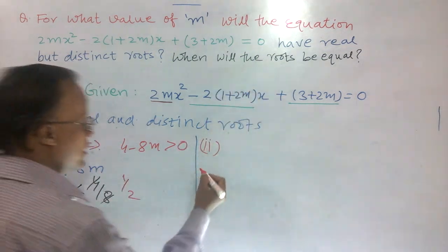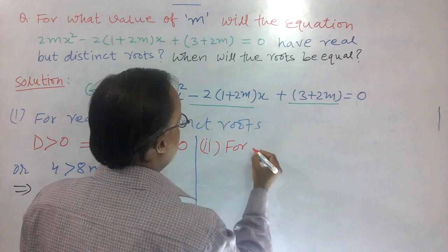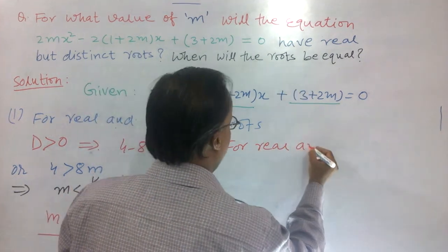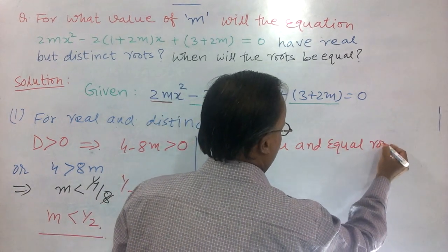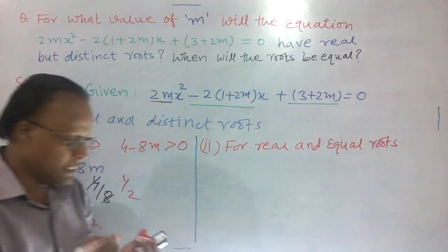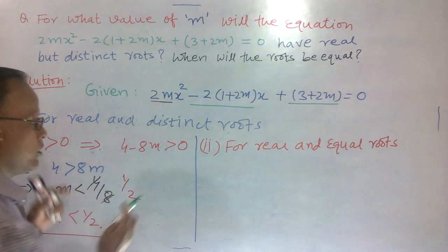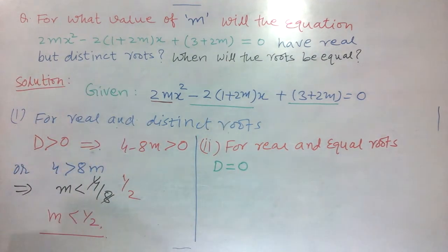What is the condition? Write down here, for real and equal roots. So for real and equal roots, the value of discriminant is equal to 0.